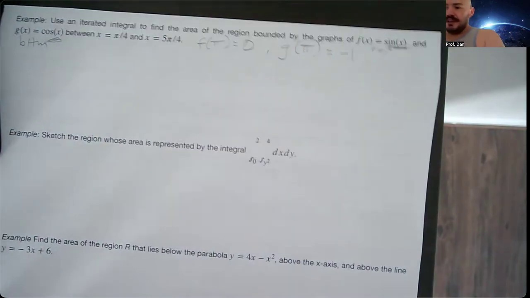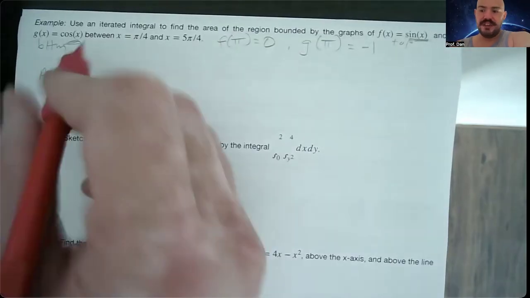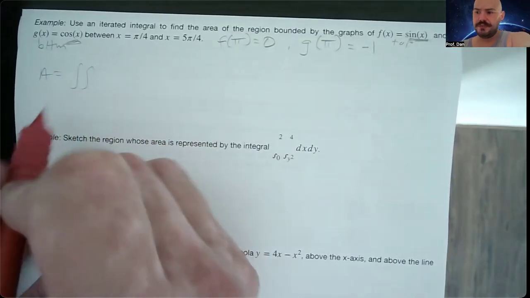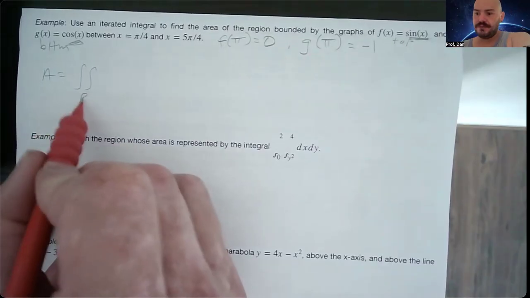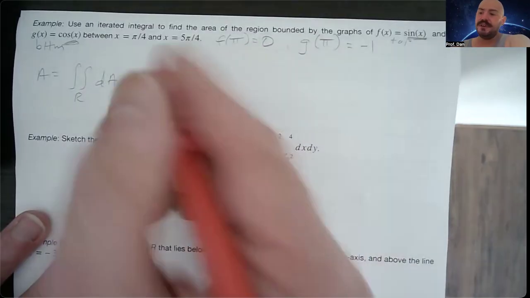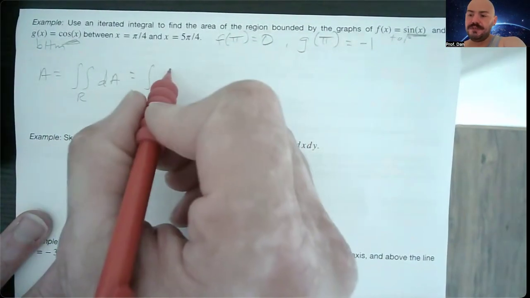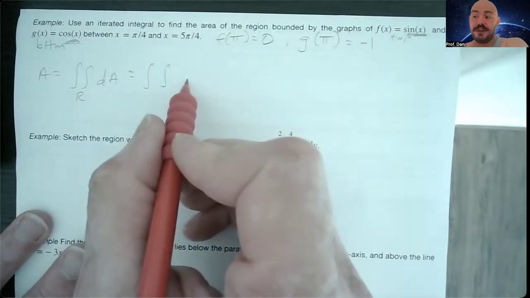Okay. Now that's important for us because when we go to set up our double integral, the area is going to be, just to reiterate this notation here, the integral from, we're going to start with dy.